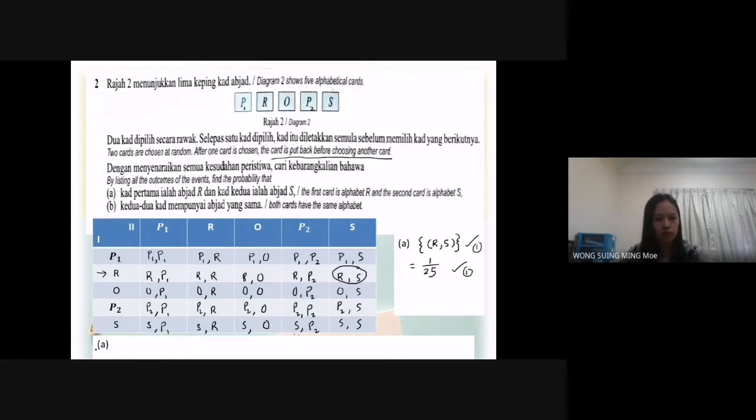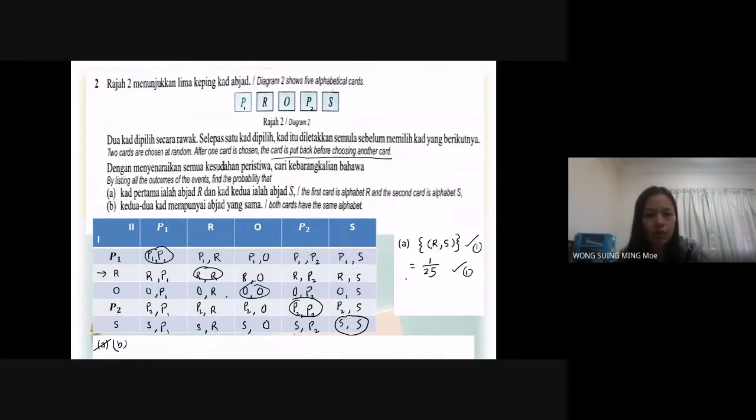Okay. This is B. Okay, now we go to B. Both cards have the same alphabet. Okay, so same alphabet we have PP, P1, P1, RR, OO, P2, P2, and SS.